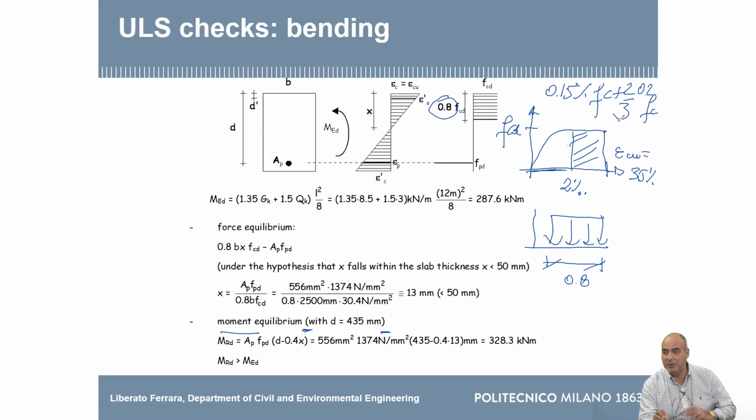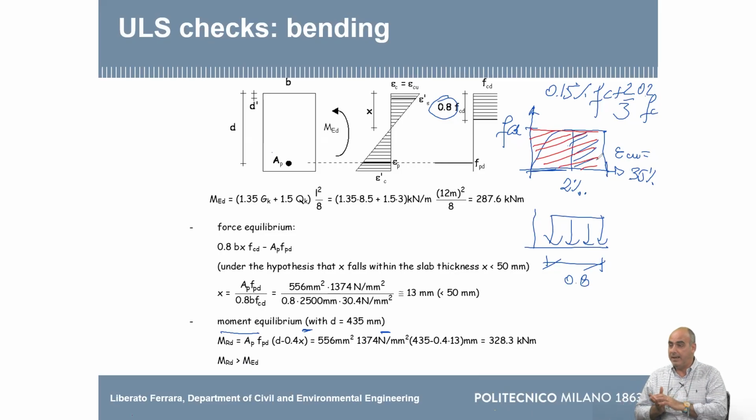It is 0.13, plus 0.15 is 0.28. If I draw this red rectangle, what is the area of this rectangle? It's 0.35 times fc. So the rectangle is 0.35, but the parabola is 0.28. 0.28 with respect to 0.35 is 80%.